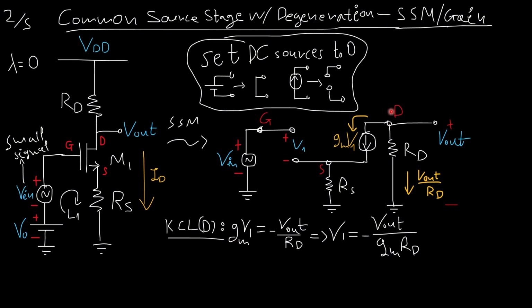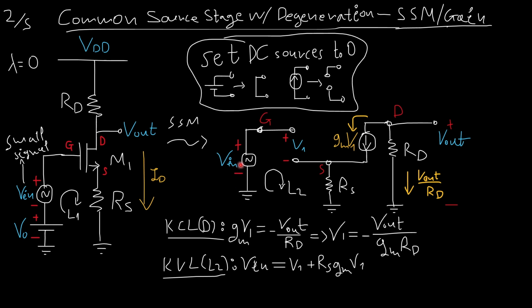If I do a KCL on D, I will get that gm V1 plus V out over RD, because both of them go out of this node. And if I solve with respect to V1, I can eliminate V1 by knowing its relation to V out and the other known quantities, gm and RD. If I do the KVL on this loop, I'll get that V in must be equal to V1 plus the voltage drop here.